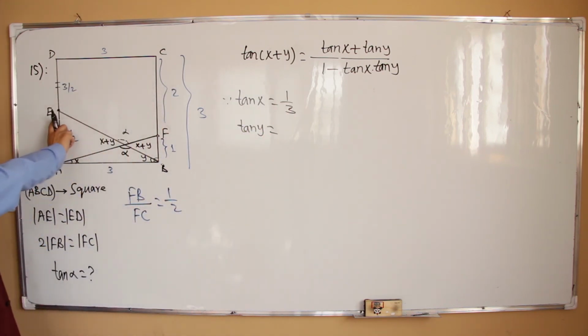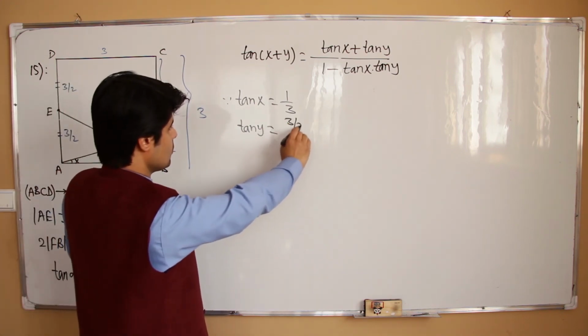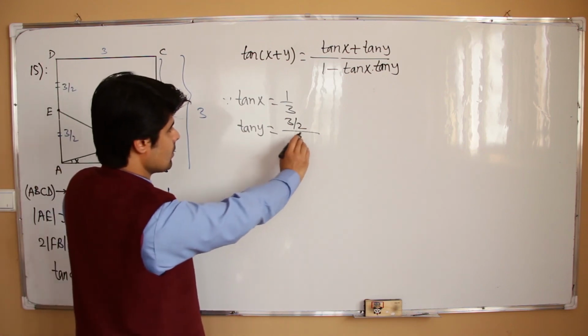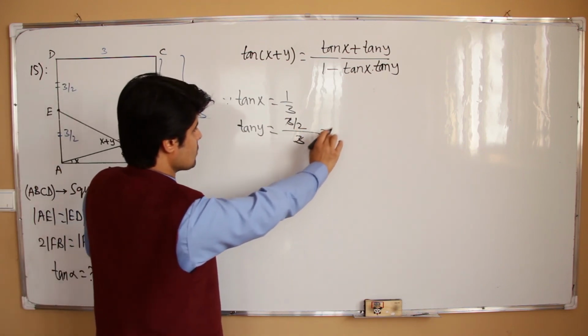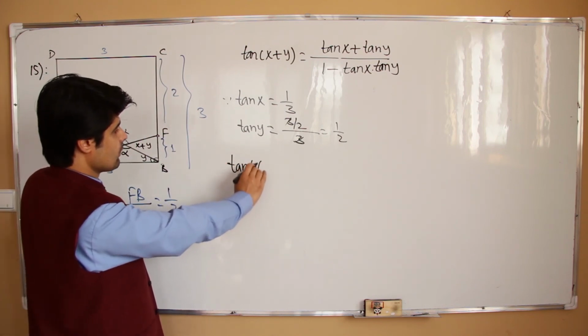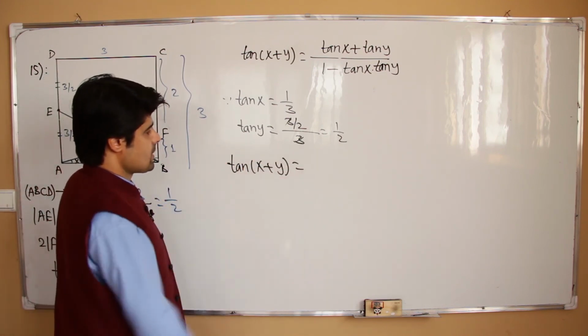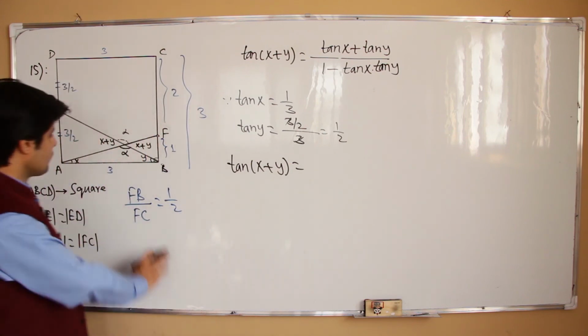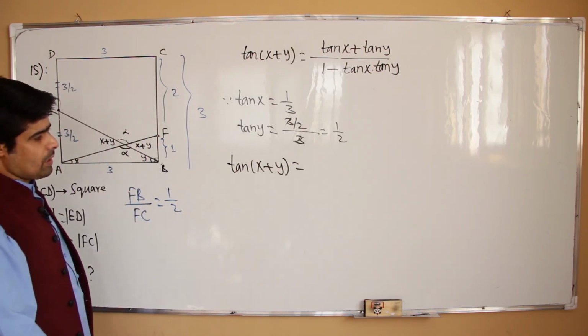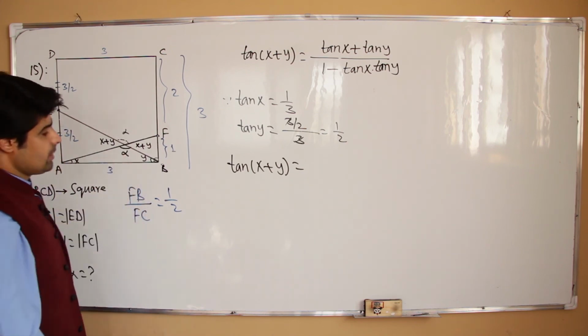For y, this is our opposite, 3 by 2, divided by adjacent, which is 3, and this is cancelled, it is 1 by 2. Am I right? Yes. Now we are able to define tangent of x plus y. Maybe you will ask me that we have to find alpha, not x plus y. First we have to find x plus y, then we are able to define alpha also.